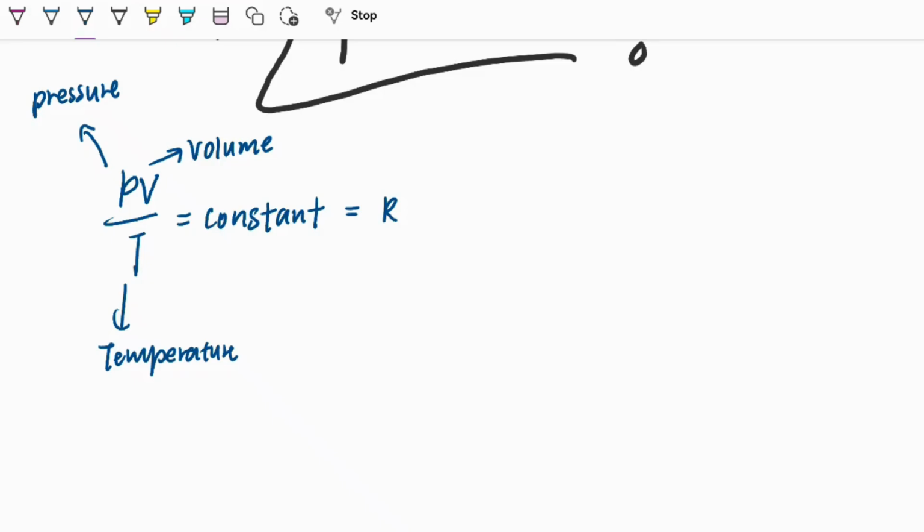R is actually the universal molar gas constant, and the value is actually 8.31 joule per mole per Kelvin. This is the universal molar gas constant.